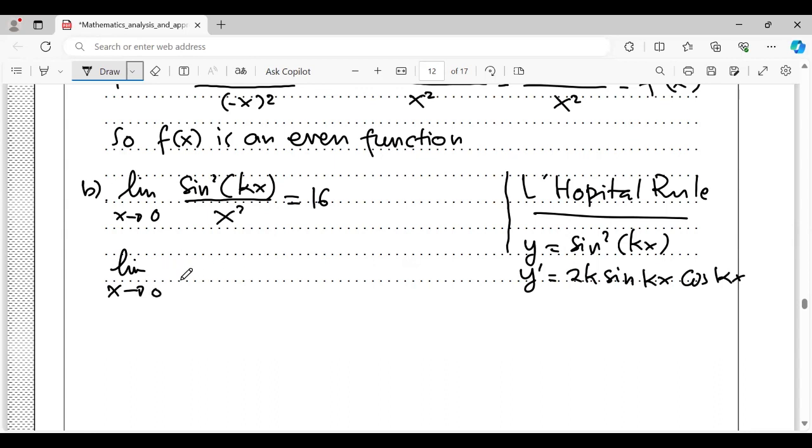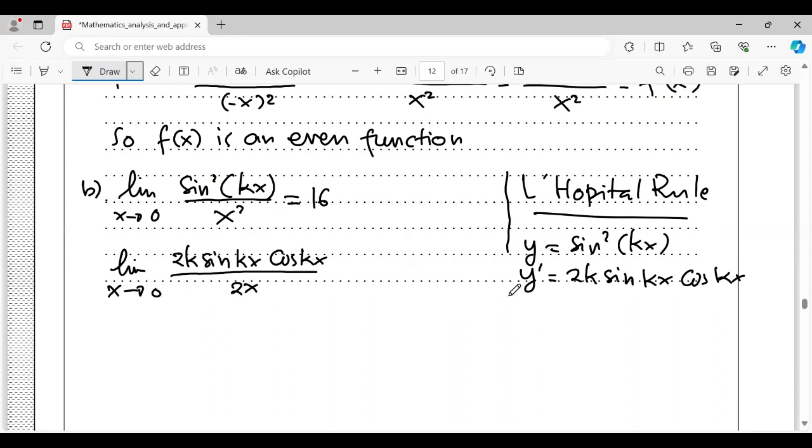So I'm going to write down here 2k sine kx cosine kx over 2x, because derivative of x squared is 2x.